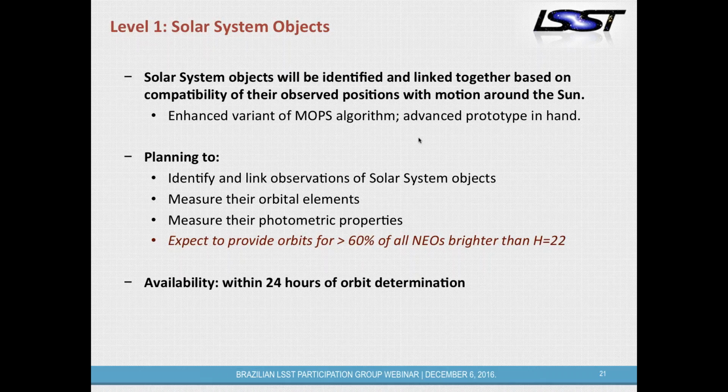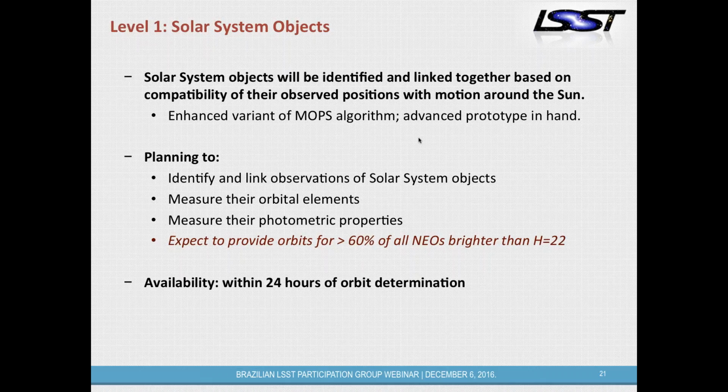And interestingly, for planetary defense purposes, we expect to detect and provide orbits for more than 60% of all NEOs brighter than H of 22, which translates to roughly 130 meters in size. NEO stands for near Earth object.